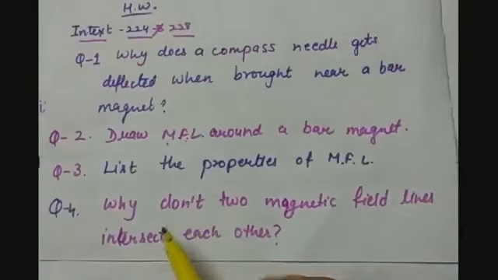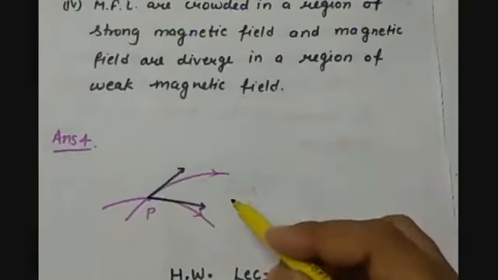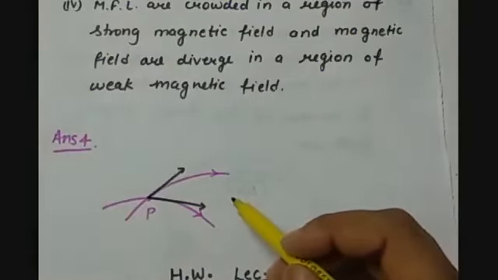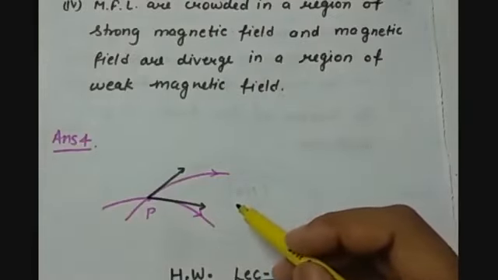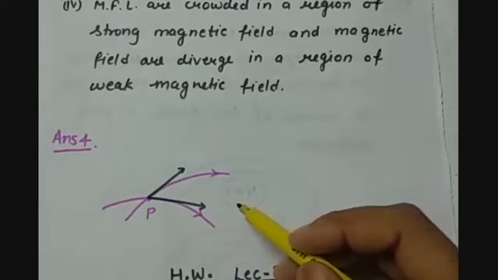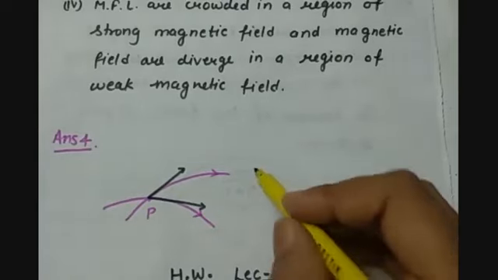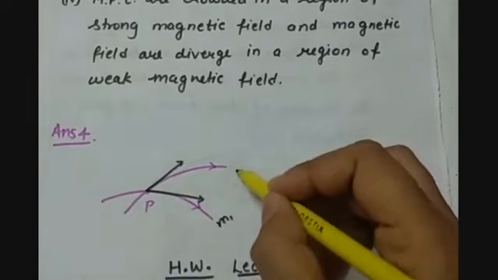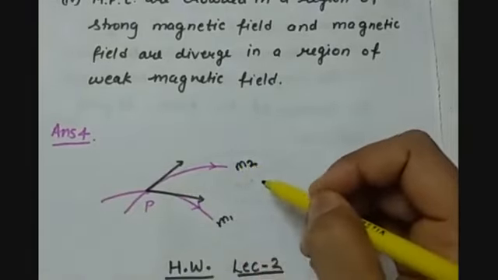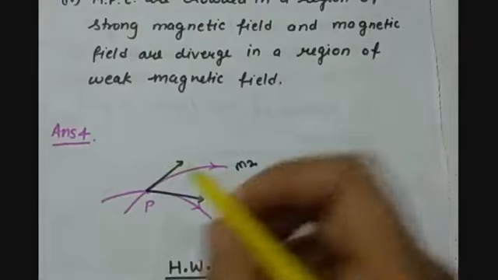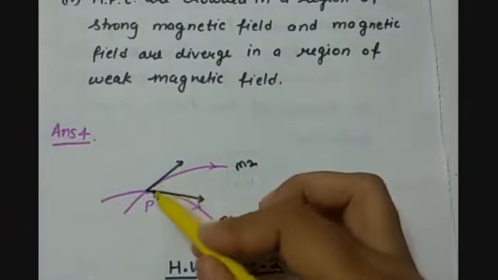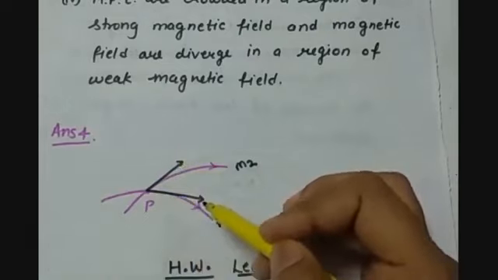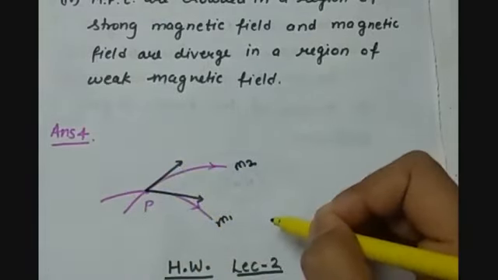Question number 4 is, why don't two magnetic field lines intersect each other? So you have to make the lines on your own, but I am telling you the reason, although we have discussed it many times. The two magnetic field lines cannot intersect each other, because if they cut at a point, then by drawing the tangent we will find the direction of the magnetic field at that point.